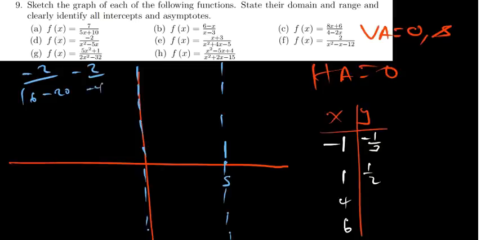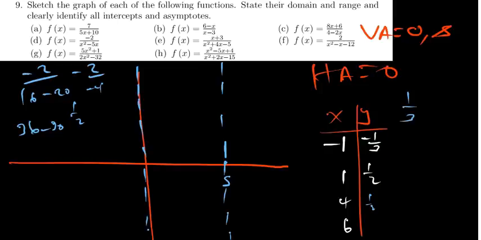Again, I'm going to have half, a positive. What next? I'm going also to have 6. If I put 6 there, it's 6 squared is 36 minus 6 times 5 is 30. I'm going to have negative 2 over 6, which is negative 1 over 3.